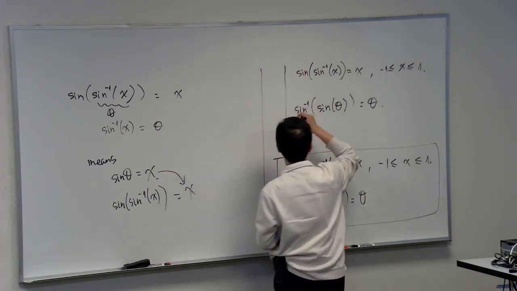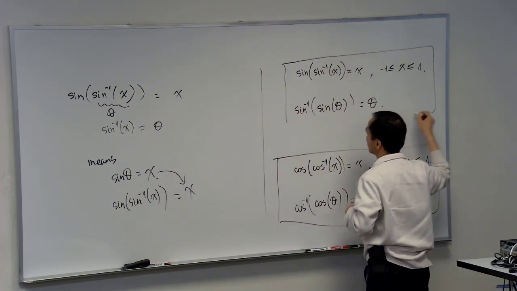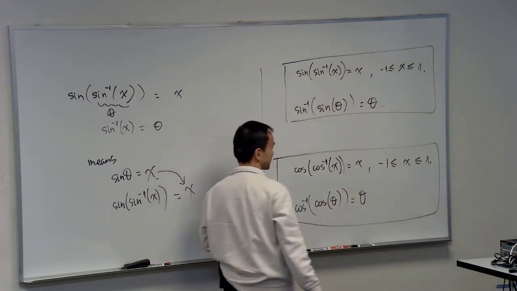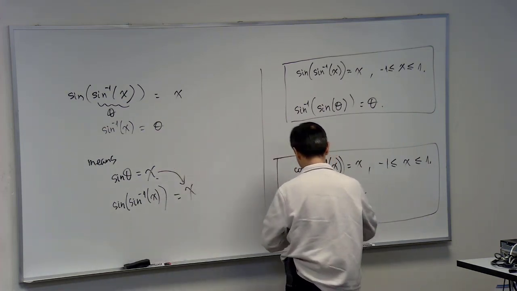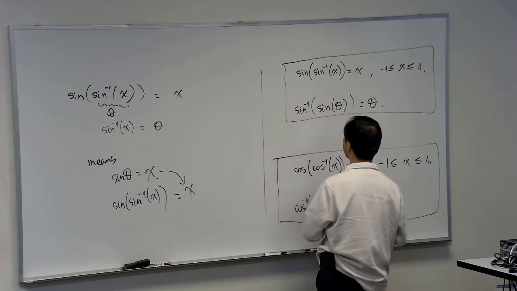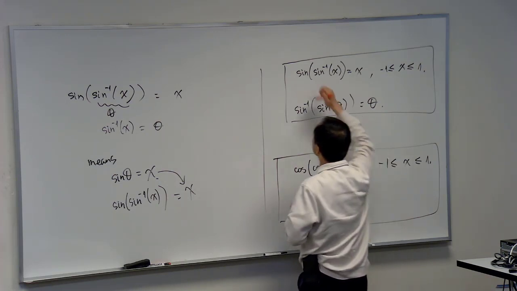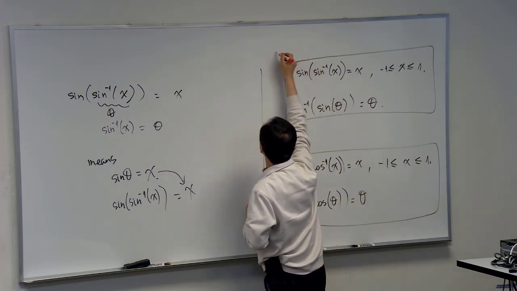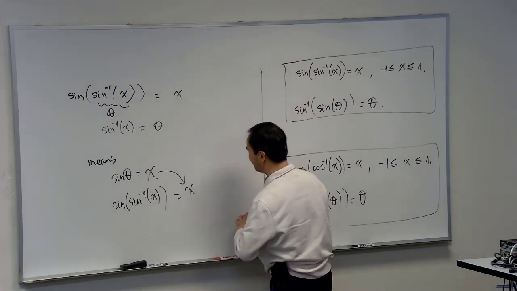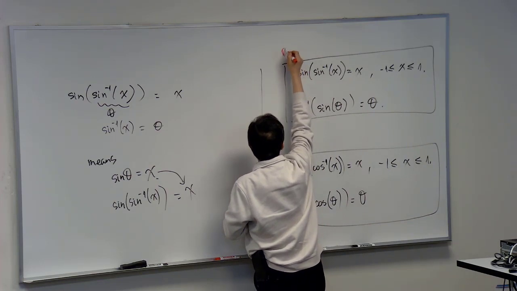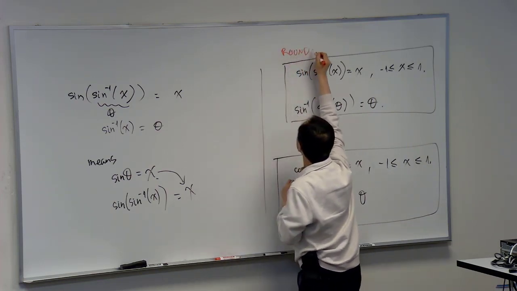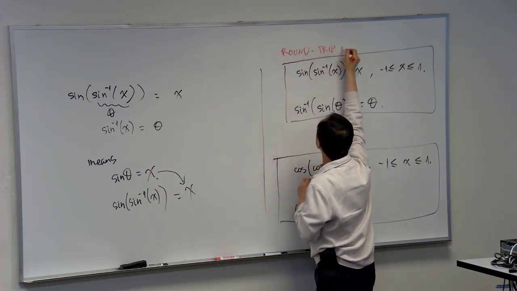And the same right here is the round trip property for sine. Textbook authors refer to this as the round trip: it's kind of going one way and then going the other way back. Round trip properties.